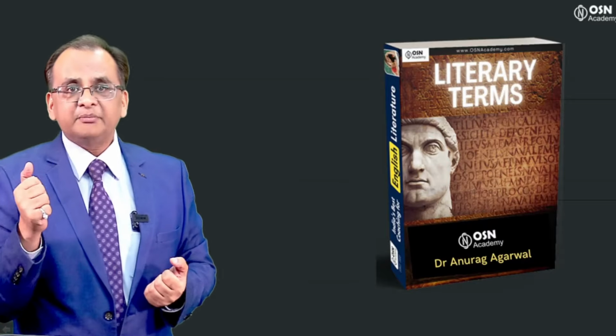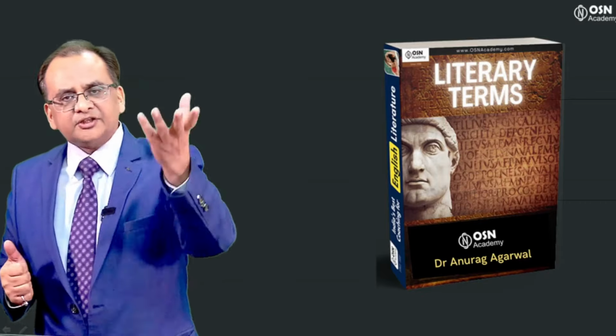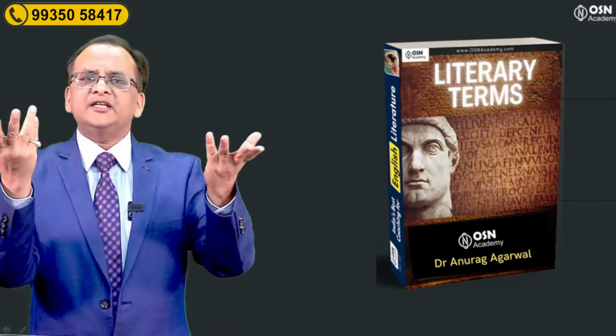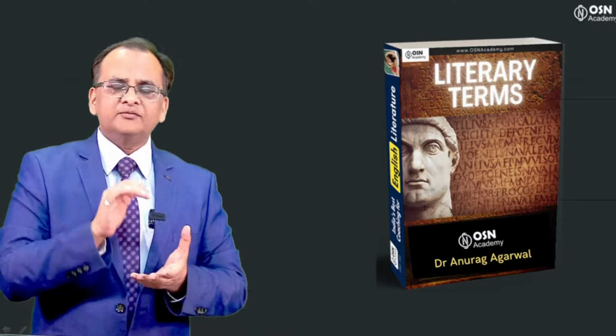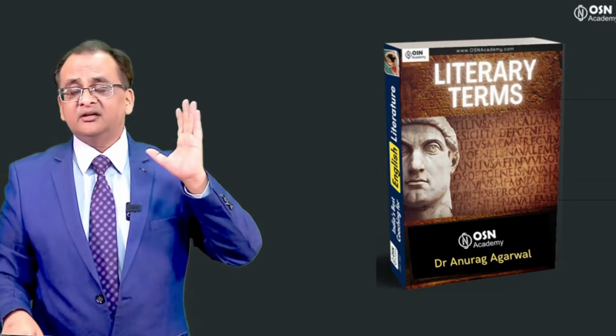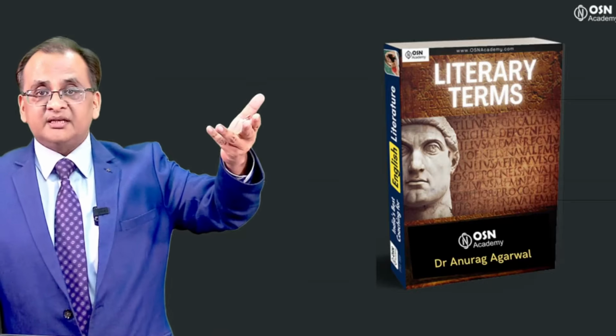For example, negative capability, dissociation of sensibility, unification of sensibility, theatre of the absurd, divine right of kings, graveyard school of poetry, kitchen sink drama. There are innumerable terms. So I have put all those things in a nutshell in a book known as Literary Terms, and that is something of a blessing for students targeting this level of examination.